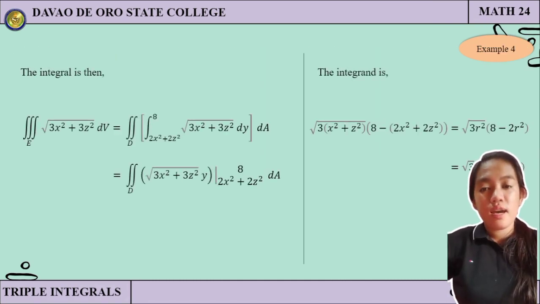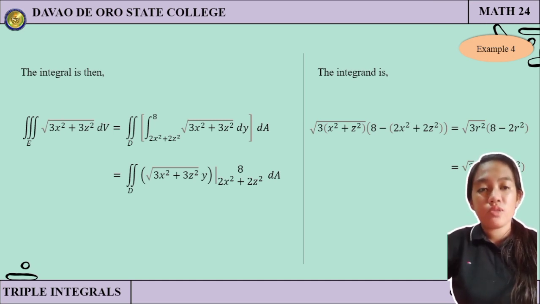This region, as well as the integrand, both seem to suggest that we should use something like polar coordinates. However, we are in the xz plane and we've only seen polar coordinates in the xy plane. This is not a problem.